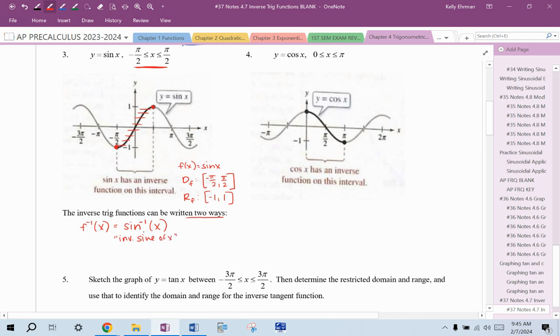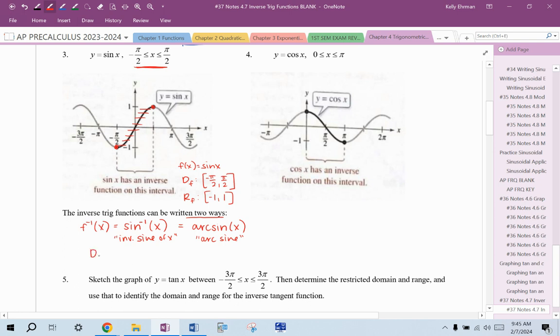So that's one way to show that notation. Or another common way that will also get used on our AP exam is to call it arc sine of x. The arc has to do with an arc length and a central angle, looking at this from the unit circle perspective. So just know that you read it as arc sine, and arc sine means the same thing as inverse sine. Those two things are interchangeable.